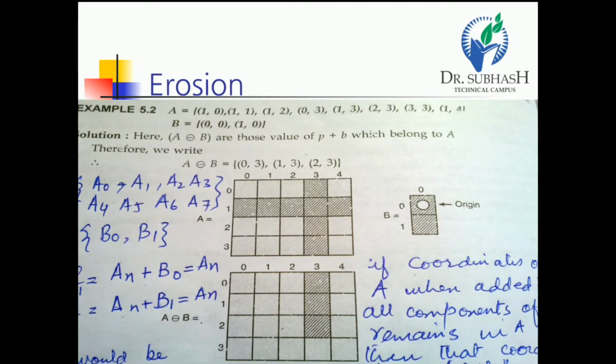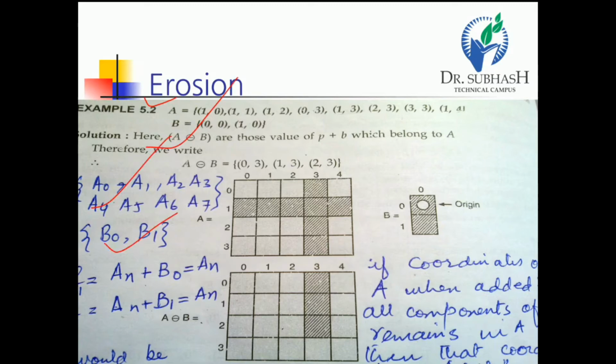This is the example where we are computing the erosion. So we have to take the values of A and B, then find the different values that can be represented with A0, A1, A2, A3 up to A7, and similarly B that can be represented with B0 and B1. B0 means 0 0 and B1 means 1 1.